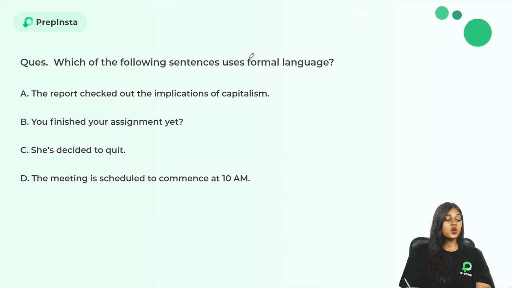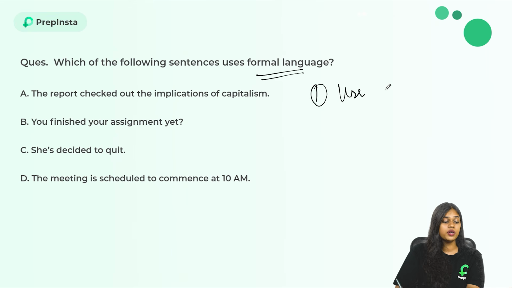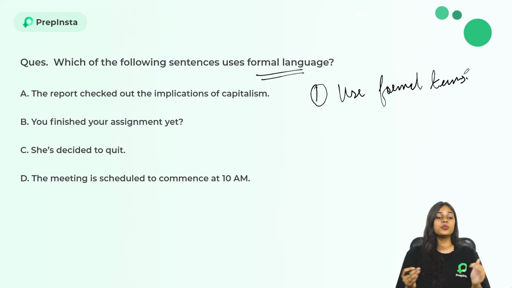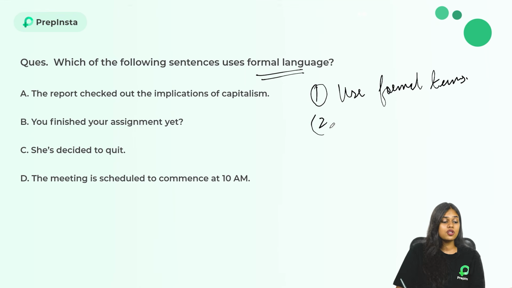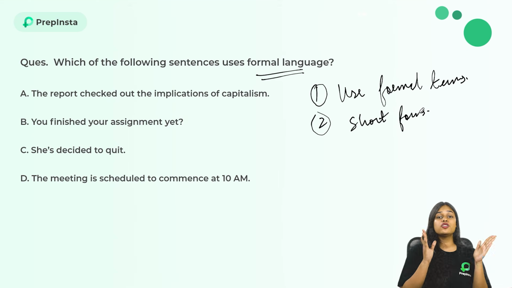All right. So what is a formal and an informal language? In a formal language, the first rule is use only formal terms. There should be no informal term used in a formal sentence. The second is do not use any short forms. What do you mean by short forms? When we combine two verbs together.